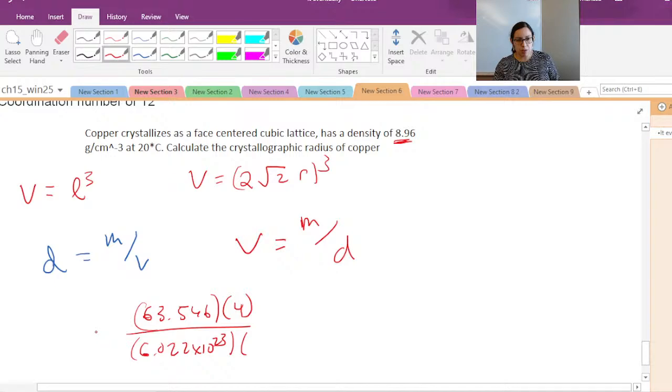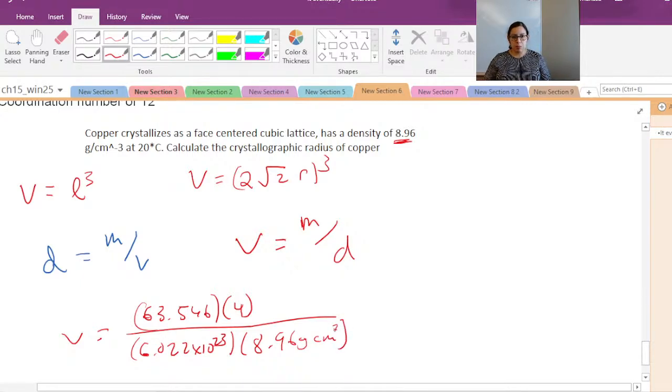So I'm solving for volume here, or L cubed, or this cubed, depending where we want to substitute. Well, eventually we're getting there. So over 8.96 grams.